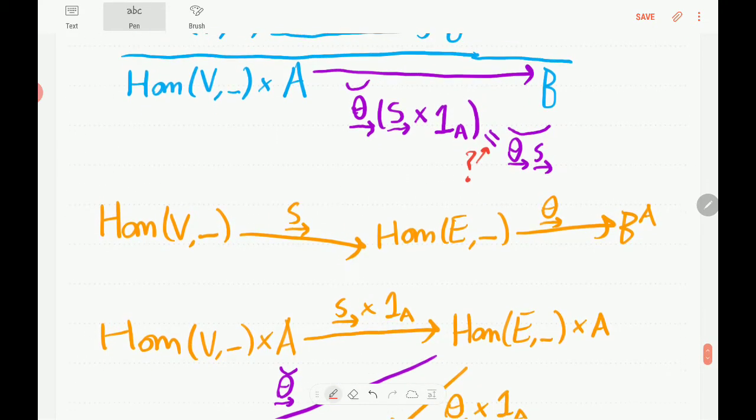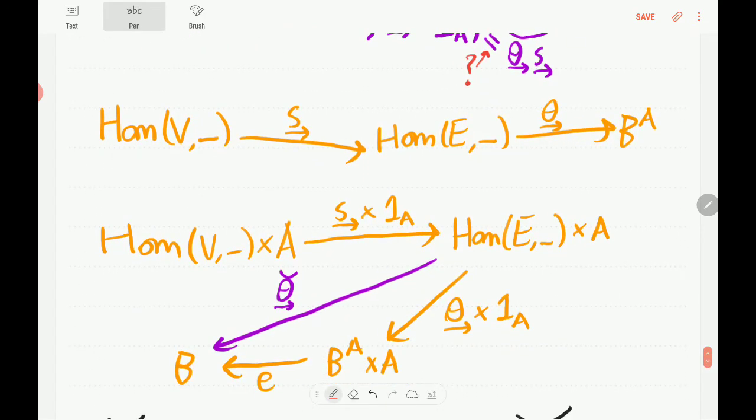So we get this stuff going along and going down here. So we have s under arrow times the identity on a, which is an arrow from hom(V, blank) times a to hom(E, blank) times a. And then we have theta under arrow times identity a, which is an arrow from hom(E, blank) times a to b to the power of a times a.